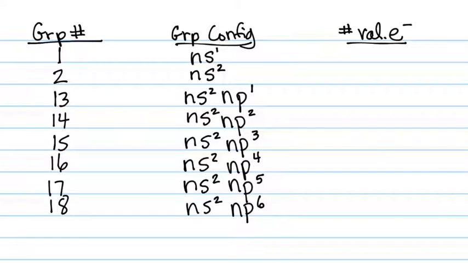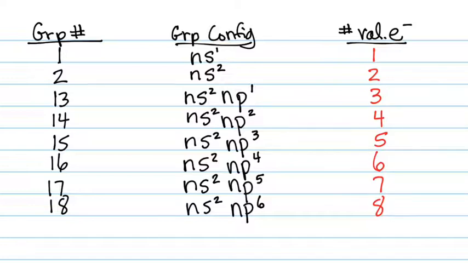So if it's the first group in the P block, it's P1. If it's the last group in the P block, it's P6 for your group 18. If you count up the number of valence electrons, because this is the important part, it looks just like this. So you have 1 through 8 valence electrons, group 18.